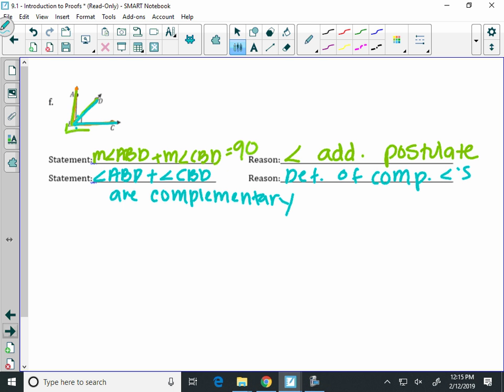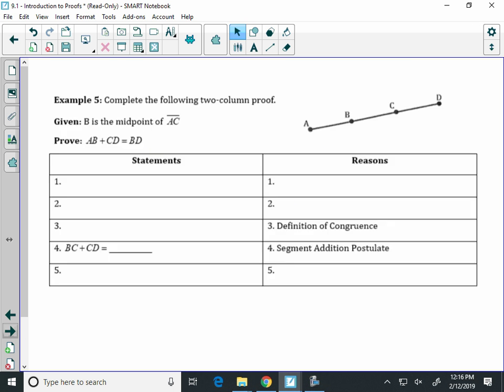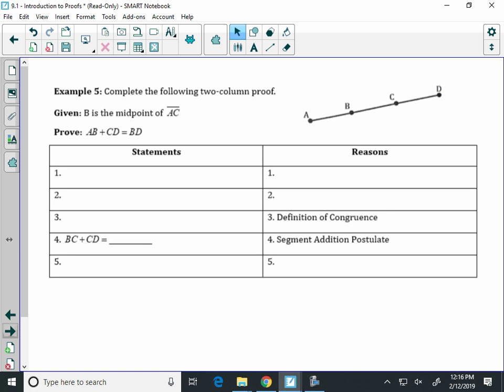From the diagram, we got that they added to 90. So because they add to 90, then we can say they're complementary. So sometimes order doesn't necessarily matter in proofs. Sometimes it does. You have to go a certain way, and you'll see examples of that. Because sometimes one thing has to be stated before you can state another thing. Okay, that's a good question. Other questions?